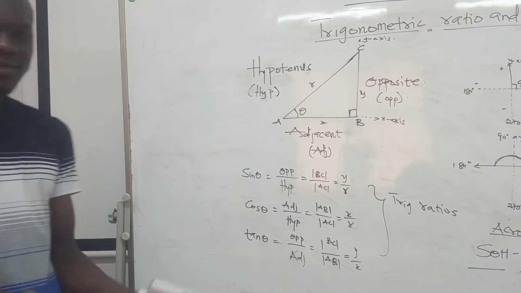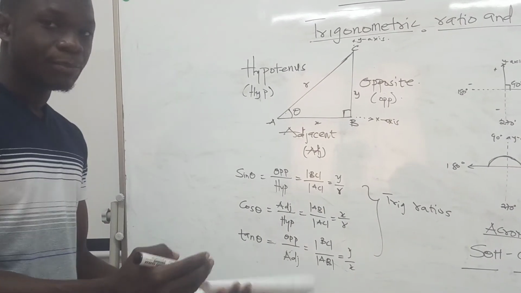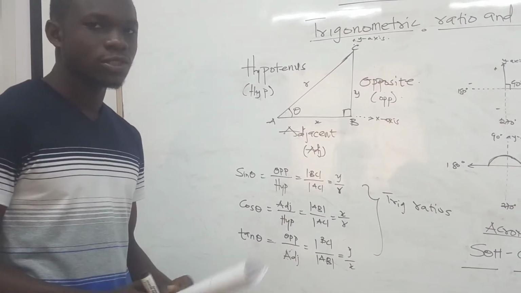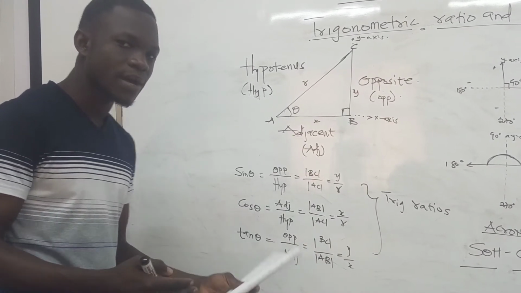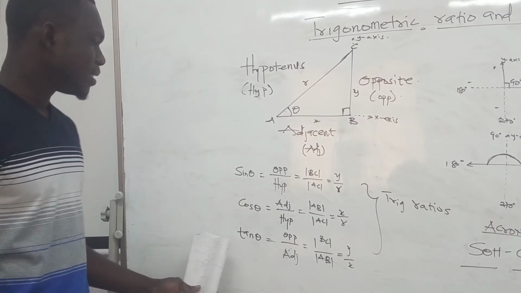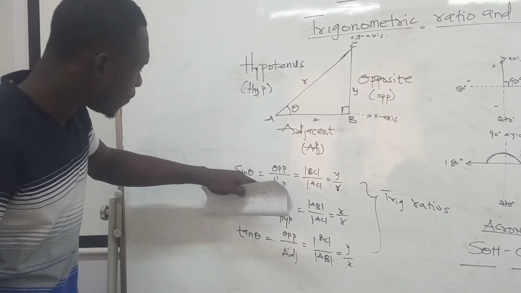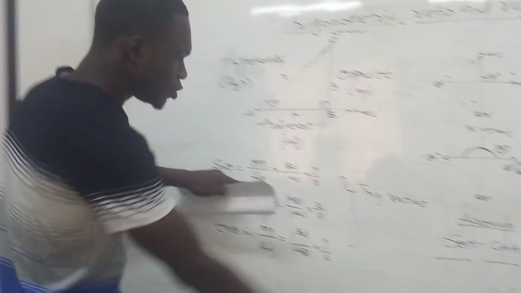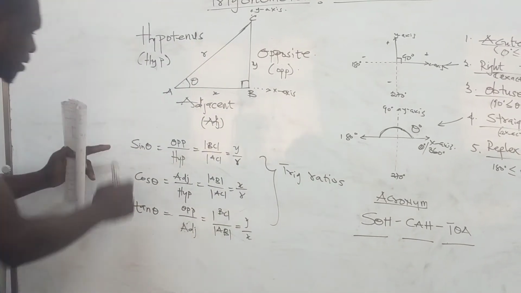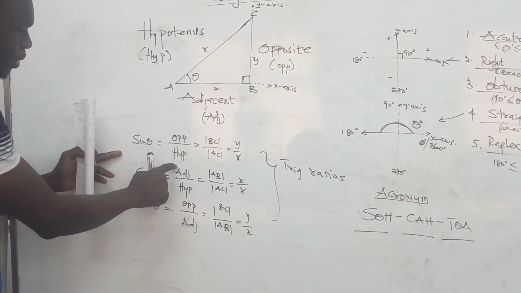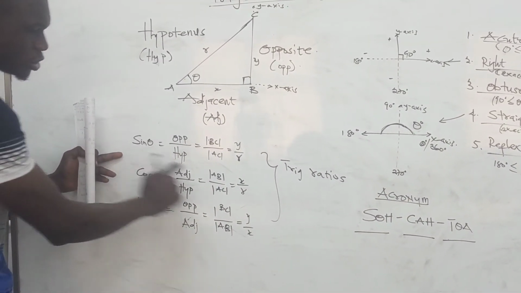Now, there is a simple acronym or mnemonic that would aid students to always remember these. The sine theta is opposite over the hypotenuse, SOH.